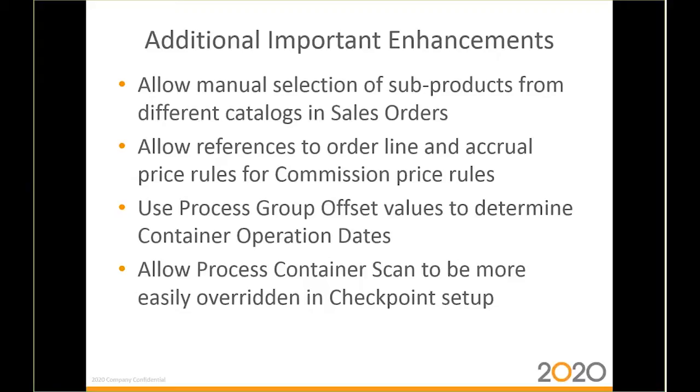Another improvement in flexibility in production scheduling and work order creation is using process group offset values to determine container operation dates. So there's a setting in system configuration, and think of it as merging the old process group offset and the new enable work order operations.